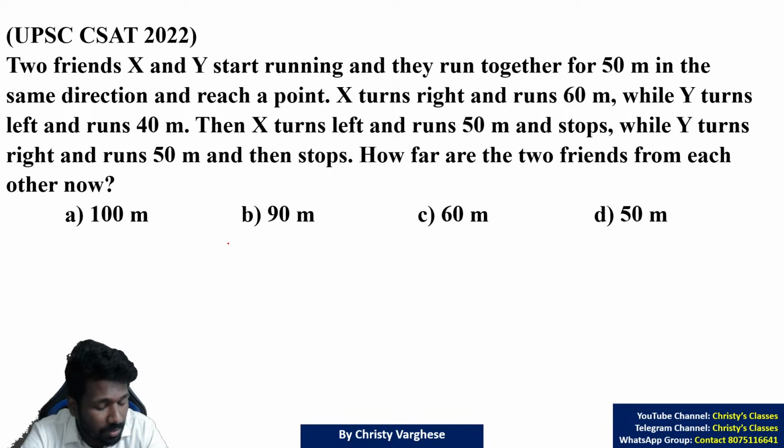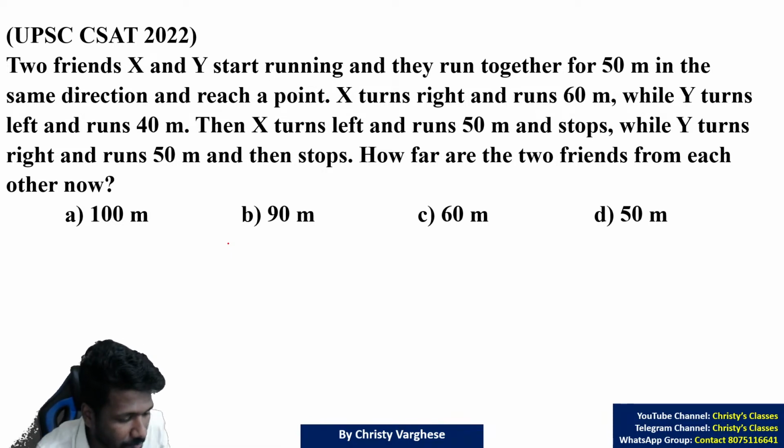It's the same way we represented the previous question, you can represent it separately for two people, x and y.